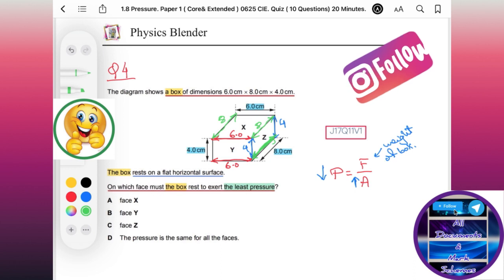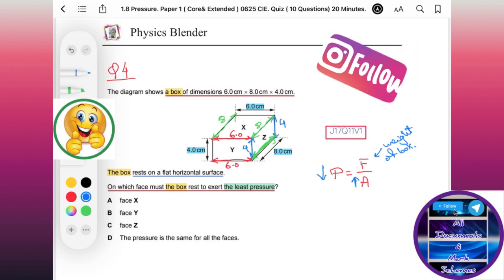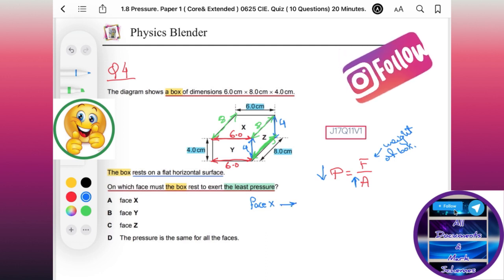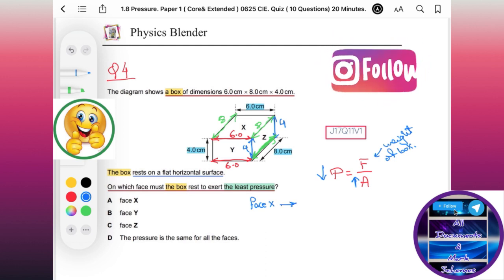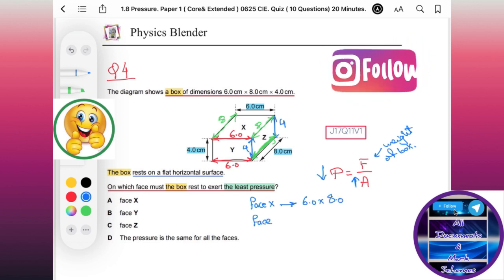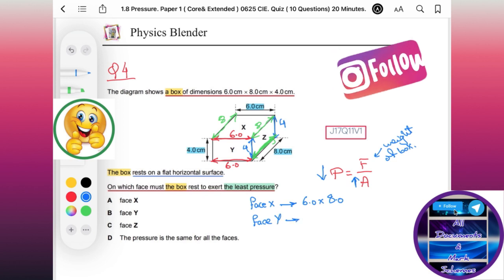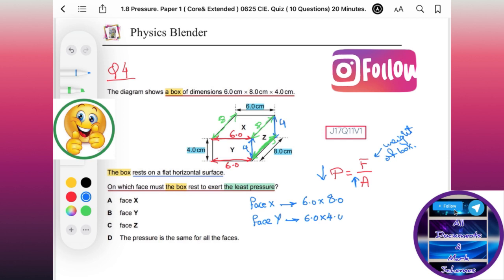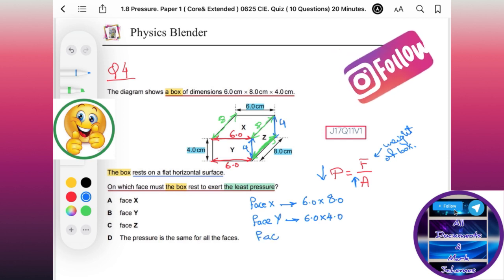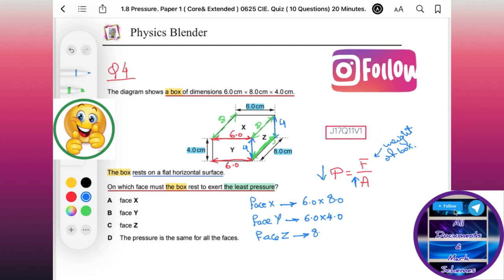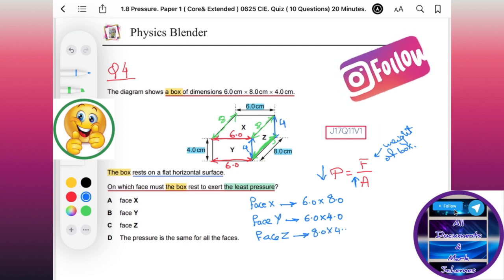Let's calculate in each case. In case of face X, area of contact will be 6 times 8. In case of face Y, area of contact will be 6 times 4. Face Z, area of contact will be 8 times 4.